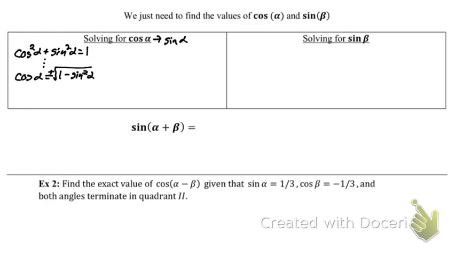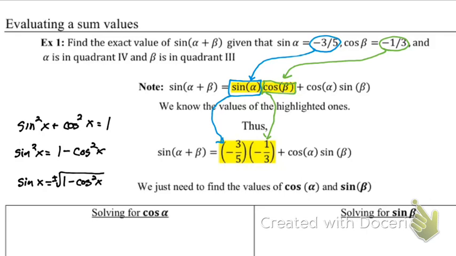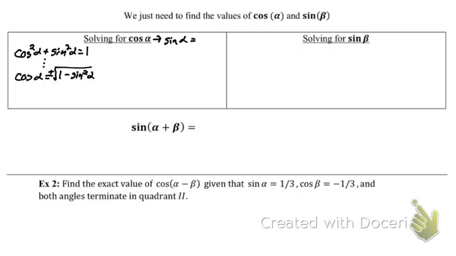Well, sine alpha equals, I already forgot what it equals because it's way up there, negative 3 over 5. So you're going to take that negative 3 over 5 and plug it in for your sine squared alpha. So we're going to have this equals plus or minus the square root of 1 minus negative 3 over 5 squared.